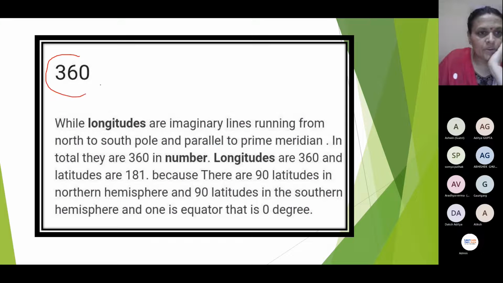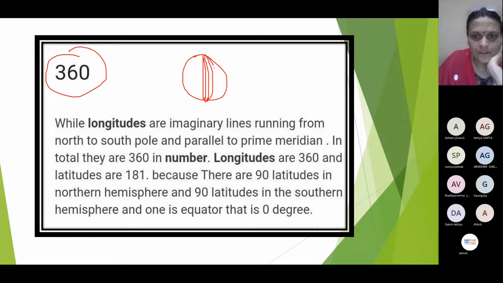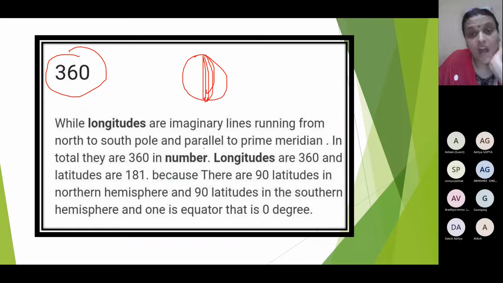Now here I want to tell you about longitudes. Longitudes are imaginary lines running from north to south pole and parallel to the prime meridian. Suppose this is Earth, this is the prime meridian. All the longitudes are lines running from north to south, and they are totally 360 in number. After the prime meridian there are 180, 180.